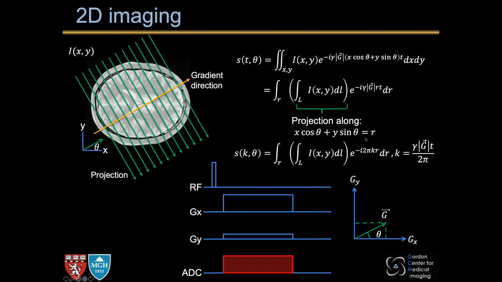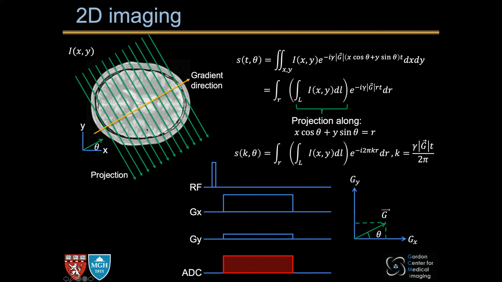Okay, so if we plug these things into these signal equations, again, we exchange the order of integrals. We have this inner integral, which is a projection along a direction that is perpendicular to the applied effective gradient direction. Physically, it's the same picture. All these spins whose coordinates have the same projection component along this effective gradient direction have the same resonance frequency.